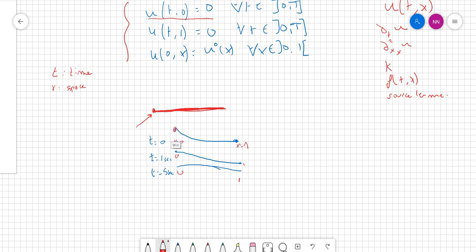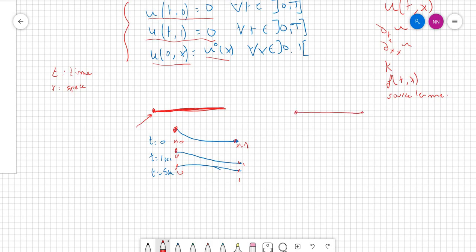At this initial point, we don't have a heat applied, the value is always equal to 0, even when t changes. But u0(x), when the time is equal to 0, is a function in space. So the problem might be again something like this.